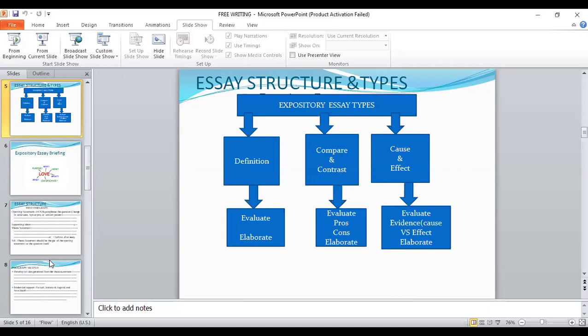The next slide is about essay structure and its types. So what are expository essay types?